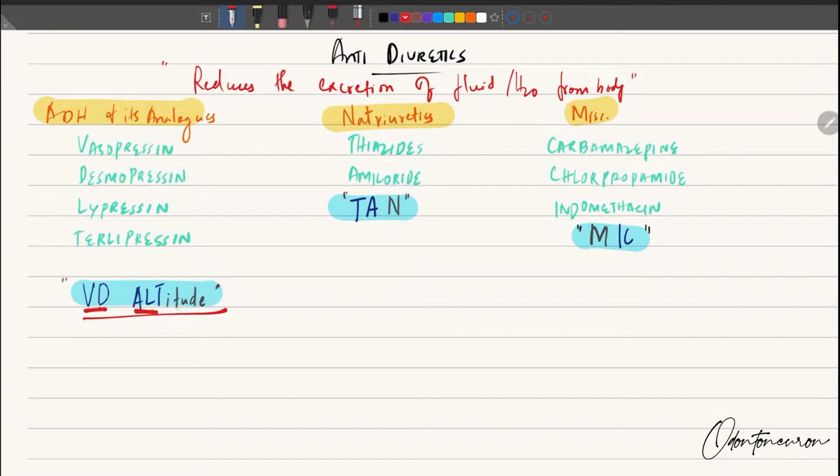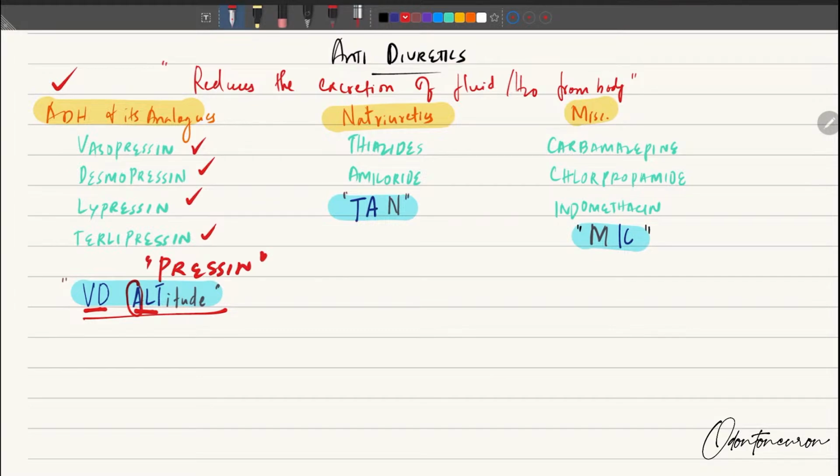So VD ALT is the mnemonic; altitude I made to remember. V is for vasopressin, D is for desmopressin. A comes in the middle because it is ADH and its analogs, L is for lypressin, and T is for terlipressin. Or you can remember that anything with pressin is your ADH and its analogs.